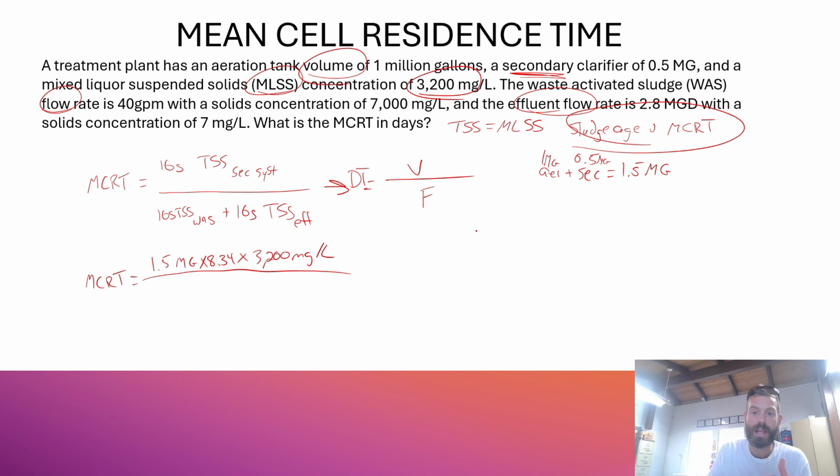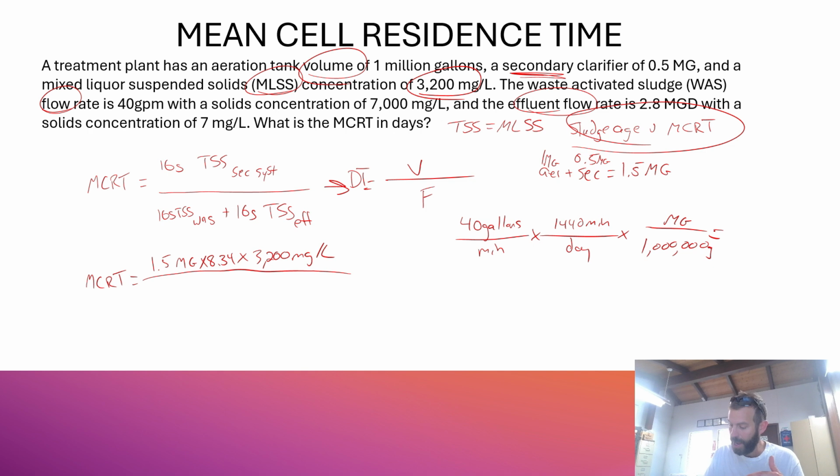So let's just do a quick dimensional analysis or conversion factor method to get that to MGD. 40 gallons per minute, times 1,440 minutes in a day. So now we're gallons per day times 1 million gallons per mg.